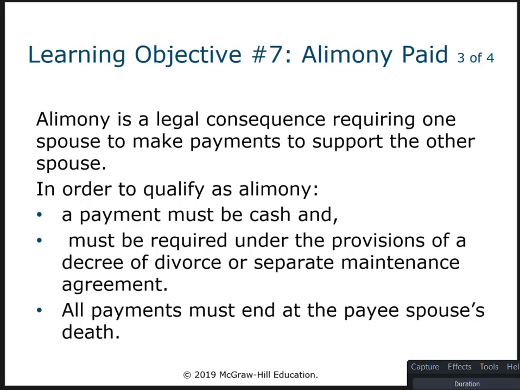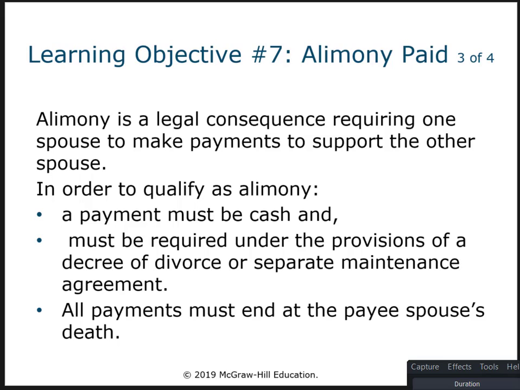I know this sounds a little weird, but if a spouse paid more than they were required to by the agreement to the ex-spouse, the part that they paid over and above what was required is not alimony. All right, so that would not be deductible for AGI. So that's how that actually works out.